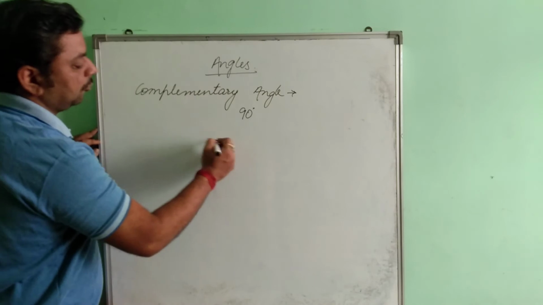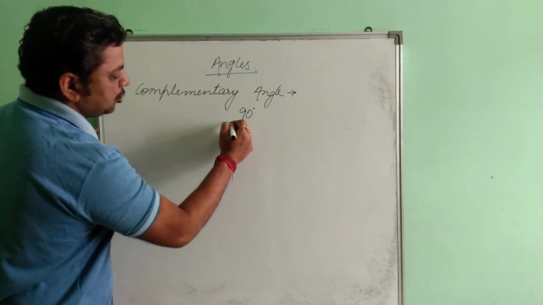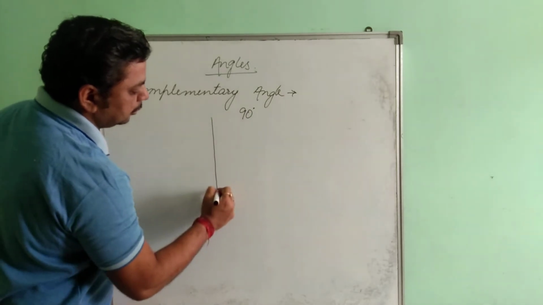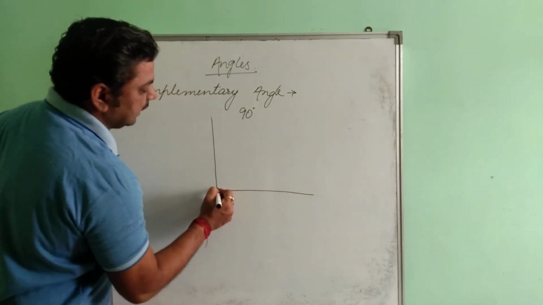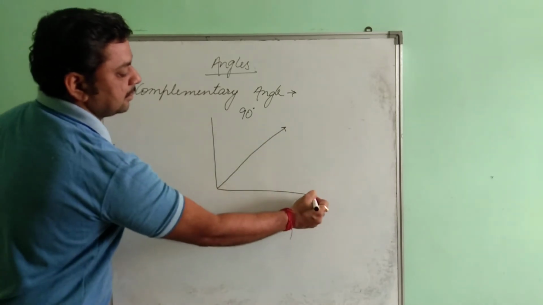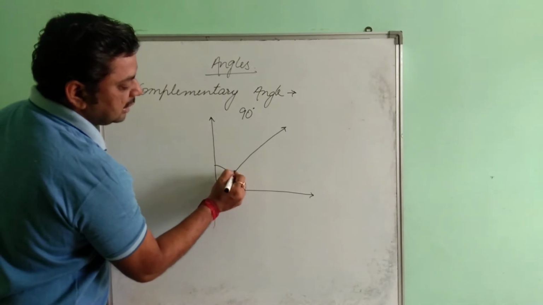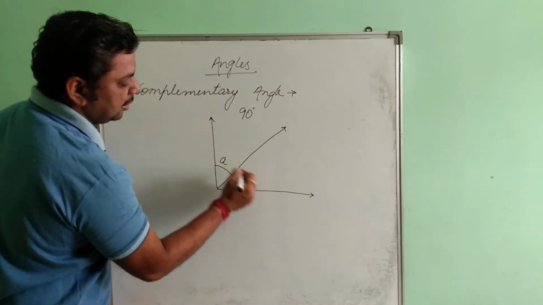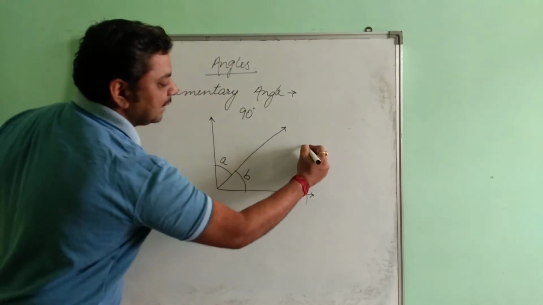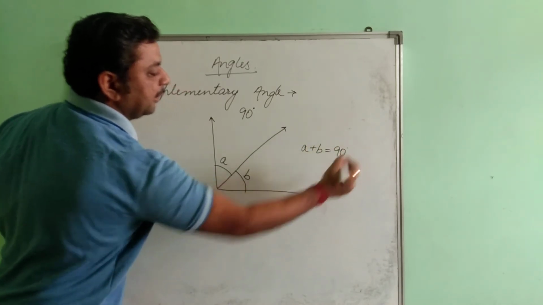Clear? Now for 90 degrees, what you are going to do? You will have one angle like this, and the other is your adjacent angle like this. Clear? The sum of these two angles, this is your A, this is your B, then the sum of A plus B should be 90 degrees.